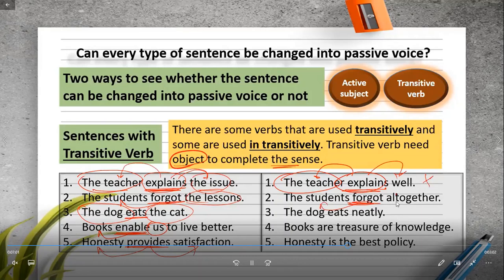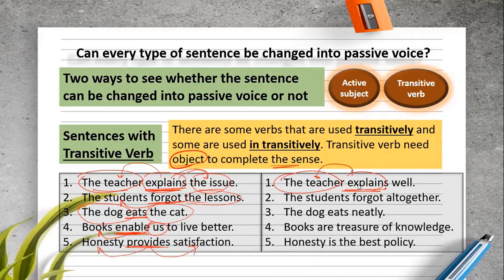The teacher explains well. The students forgot altogether. The dog eats neatly. Books are treasure of knowledge. In "explains well", the subject and verb are there, but the verb is used in intransitive form. That's why this cannot be changed into passive voice.